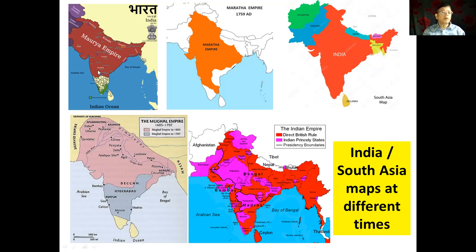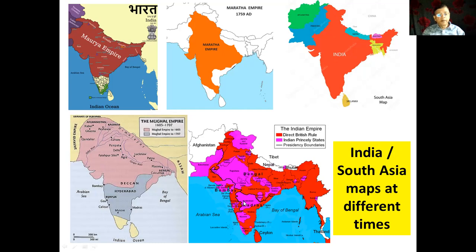For example, you see here the empire of Chandragupta Maurya. It covered even beyond Afghanistan. In the Maratha Empire, you have the Mughal Empire. You see how big was the Mughal Empire. And this is at the time when the English people left.